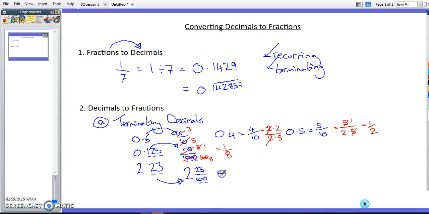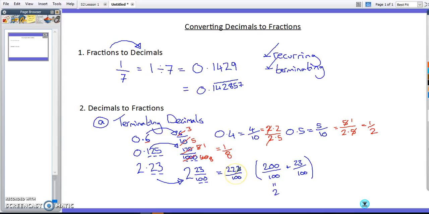And I can convert this as 2 is 200 over 100, so it would be 223 over 100, because we had 200 over 100, which was our 2, plus 23 over 100, which was our fraction here. And I don't think I can cancel that any further, because 23 is a prime number, so that definitely won't cancel. And I can't see any cancelling here, so I can just leave it like that as my final answer.